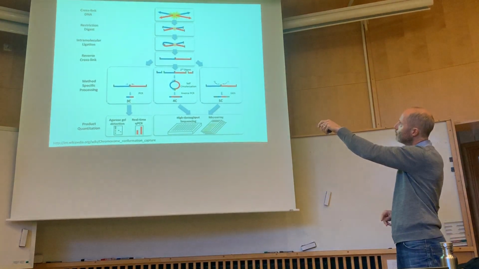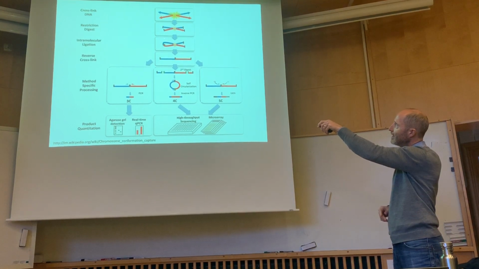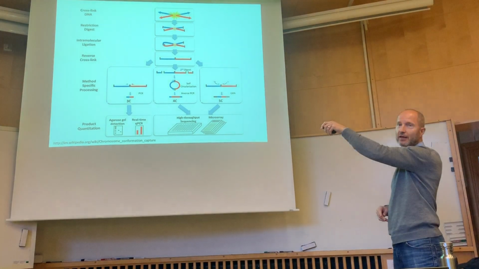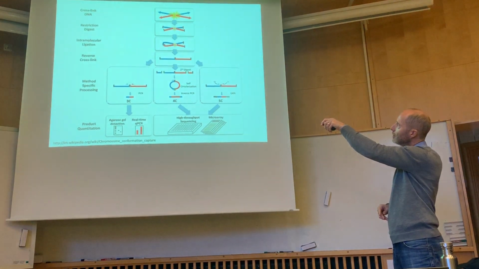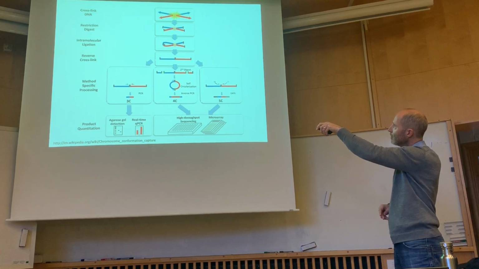Then you have this complex which is open on both ends, you ligate one of the ends, and then you remove the crosslinker. Then basically if you open here, you have one piece here and one piece here.